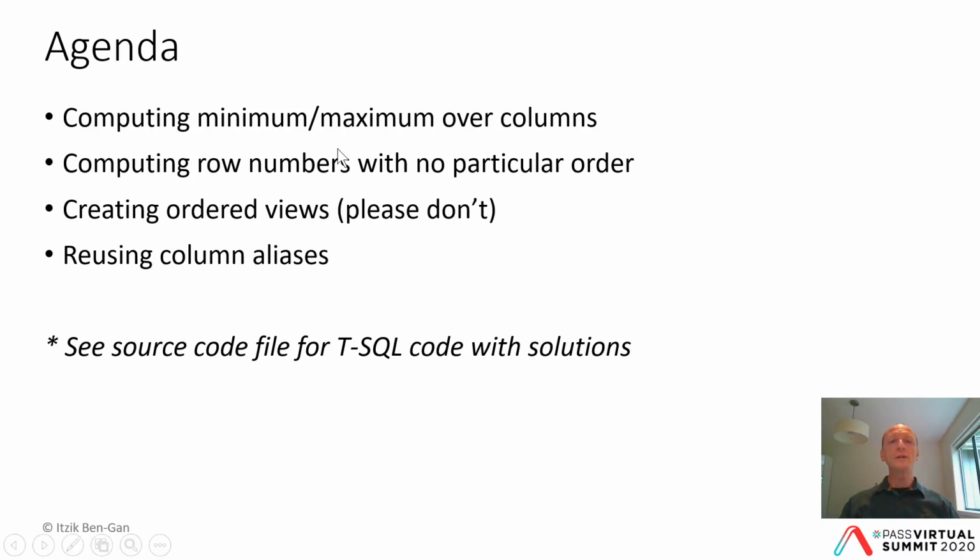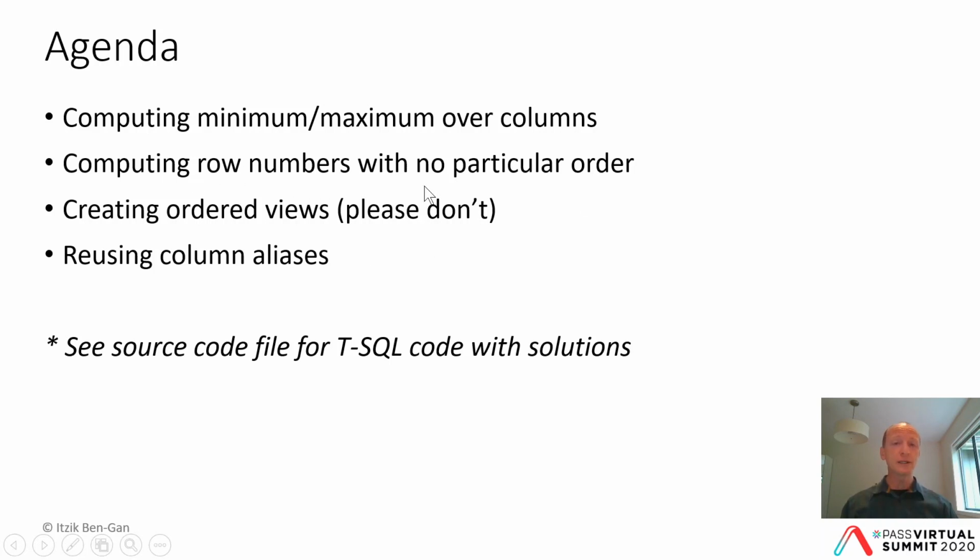We'll start with computing the minimum or maximum over columns. You obviously have basic elements in the language to compute aggregates across rows, but when it comes to columns, things that you can do in spreadsheets like Excel very easily, apparently it's not that straightforward to do in T-SQL, so I'll show workarounds.